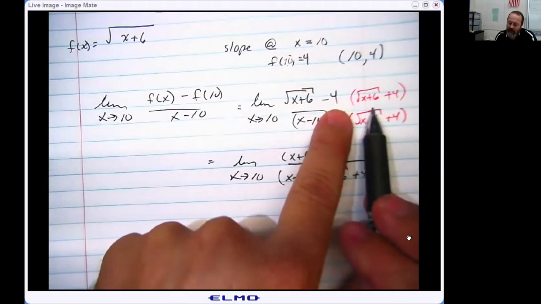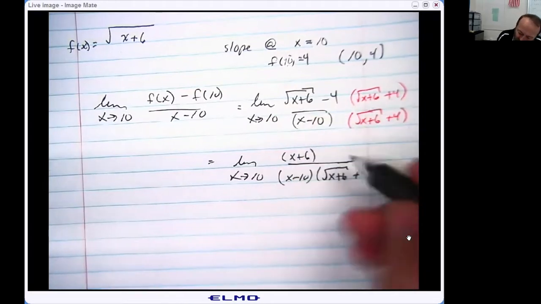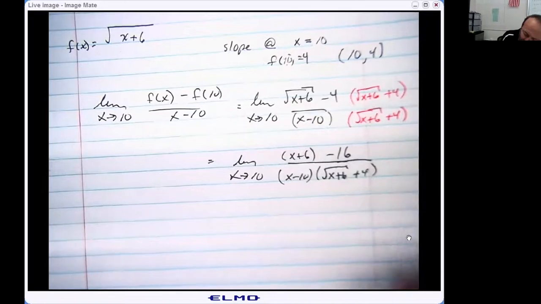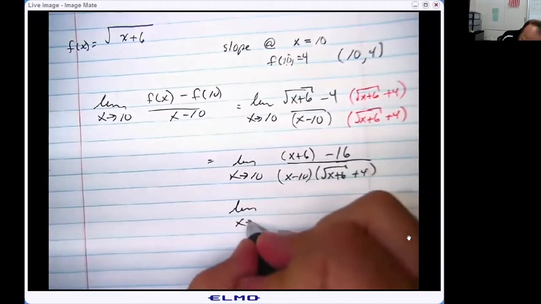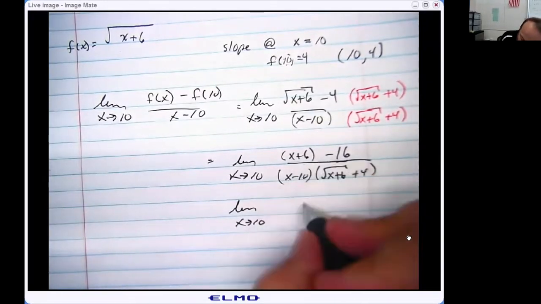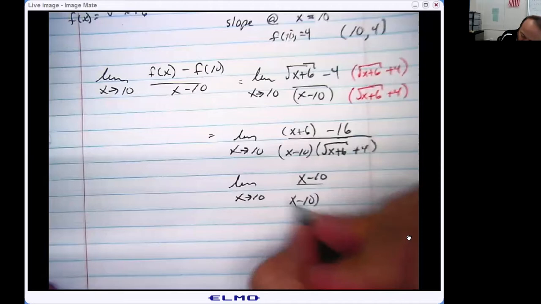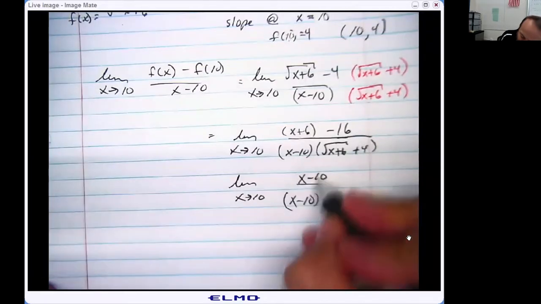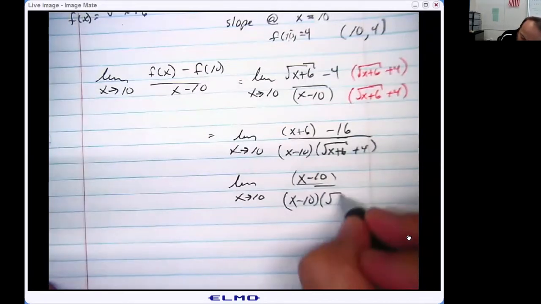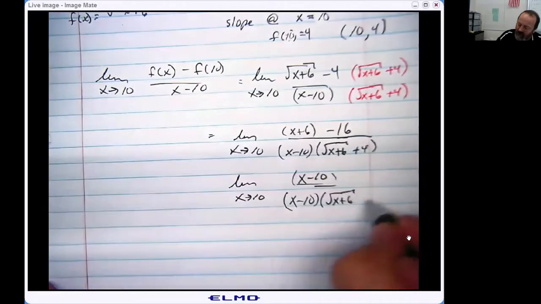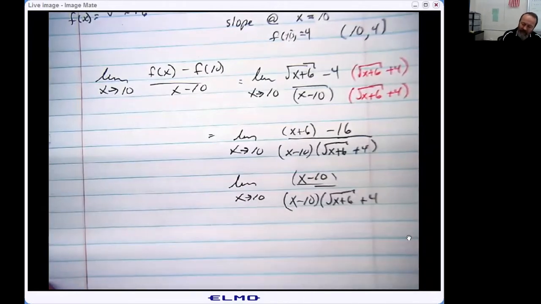That's why I use that conjugate, and negative 4 times 4 is negative 16. Well, what do you know? Something really nice happened because this numerator just became x minus 10. And remember, my whole goal was for this x minus 10 in the denominator to go away. So it appears that it in fact did happen.